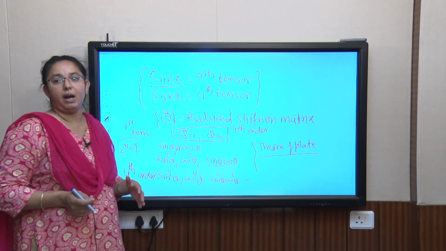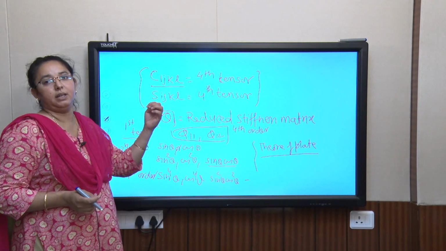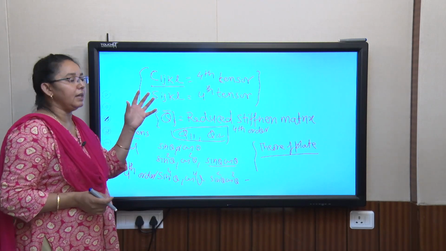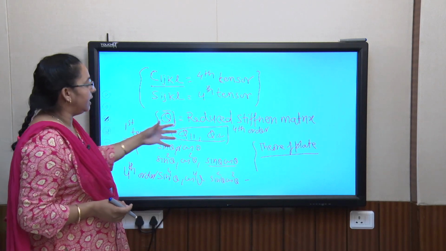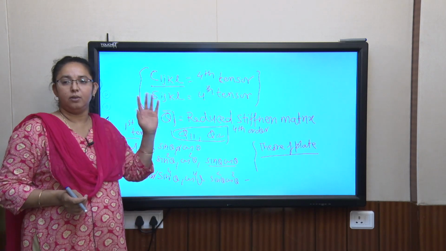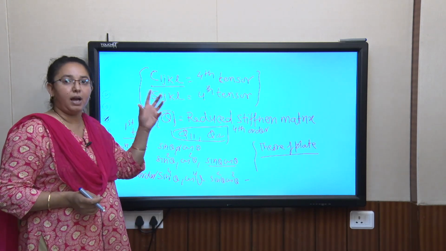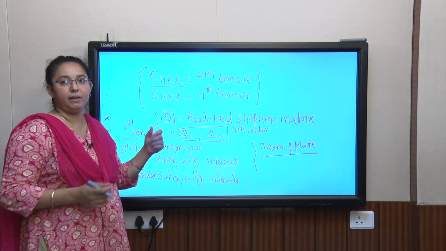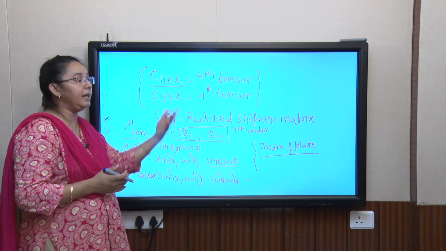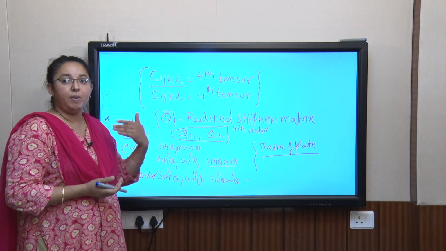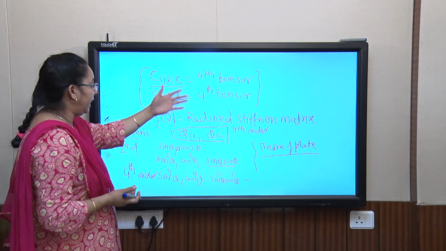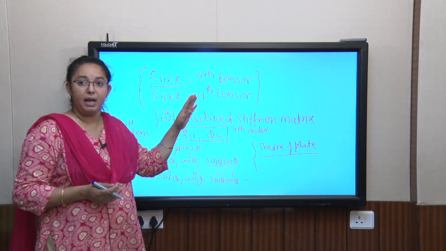These are very much required if we talk about a composite. If you are talking about only an isotropic plate, then this transformation has no meaning. But when you have a composite plate in which the fiber makes an angle with the geometrical axis, for that case transformations play a major role.